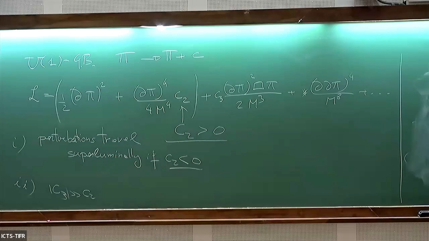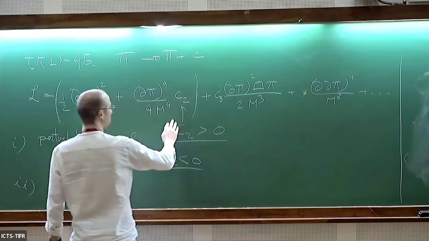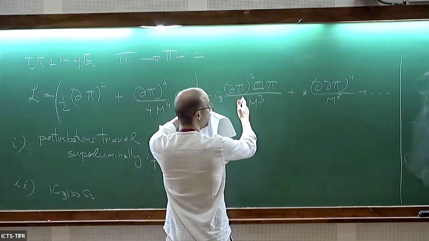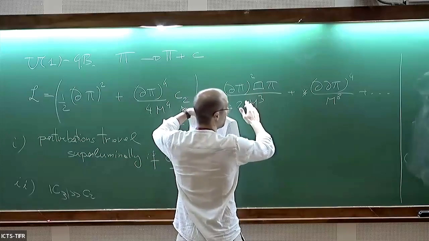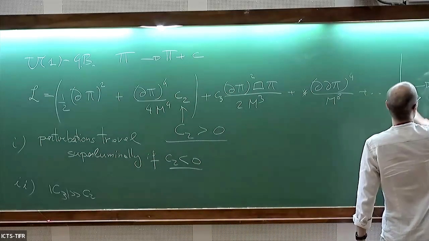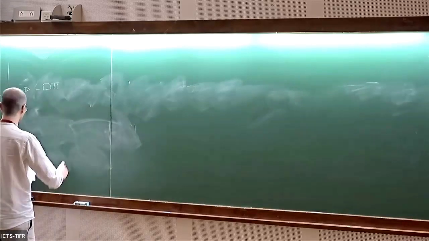So let's take first the case where we take C2 very, very small, 0, and we focus on C3 as the first leading term, and then there is the rest. In this case, we want to find that you're going to travel superluminal perturbation around a certain background. In this case, the equations of motion will look like this.